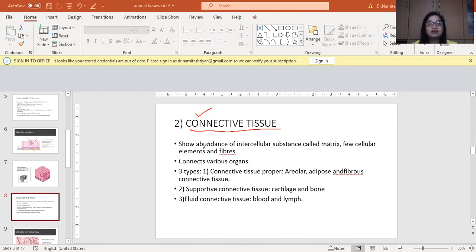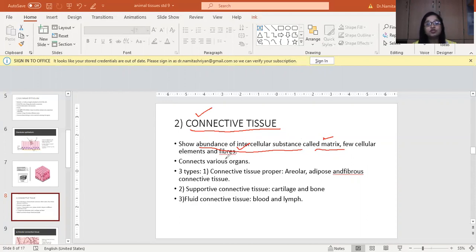Very special characteristic of the connective tissue is there will be presence of abundance of intercellular substance. Between the cells, there will be a lot of intercellular substance, which we call matrix, and cellular elements will be very few, but there will be presence of fibers. Now, if you remember, when we saw the figure of the epithelial tissue, we never saw any fibers. We just saw cells, cells, and cells with nucleus placed on a basement membrane.